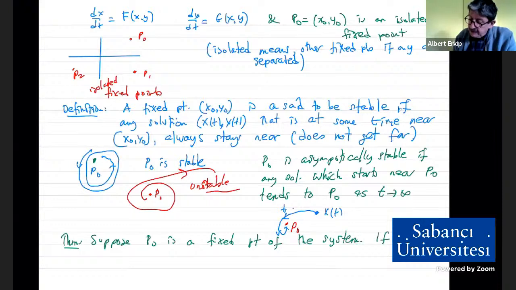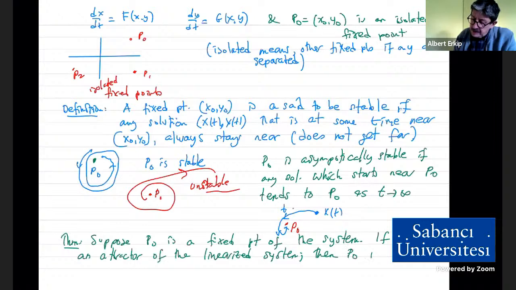Now, if P0 is an attractor of the linearized system, then P0 is also asymptotically stable for the nonlinear system.